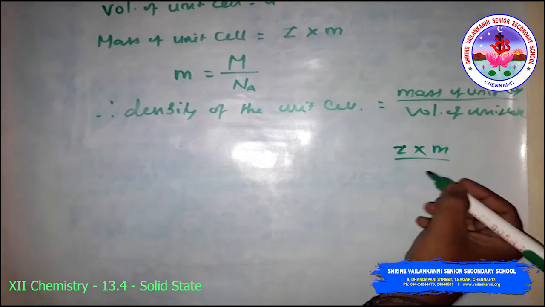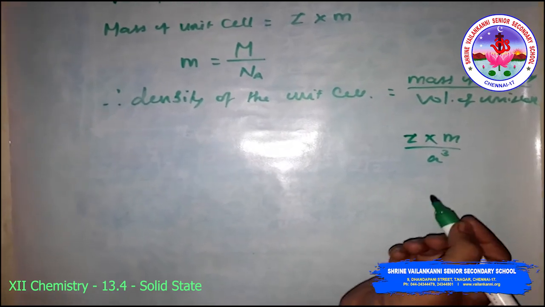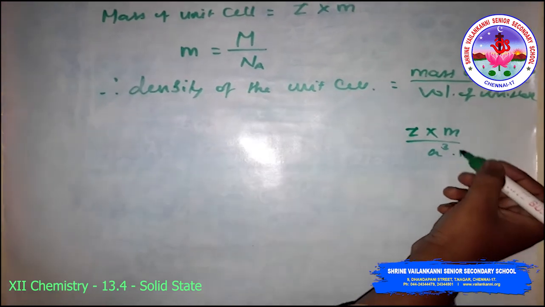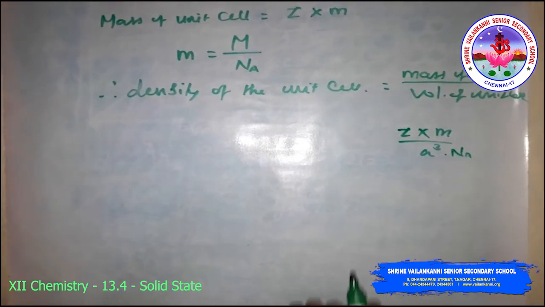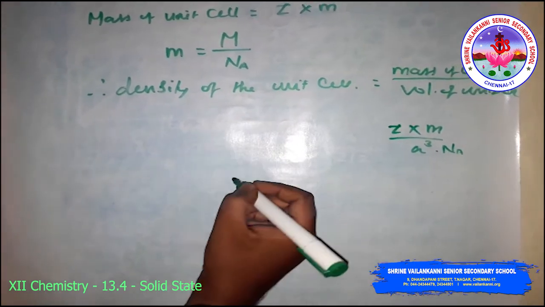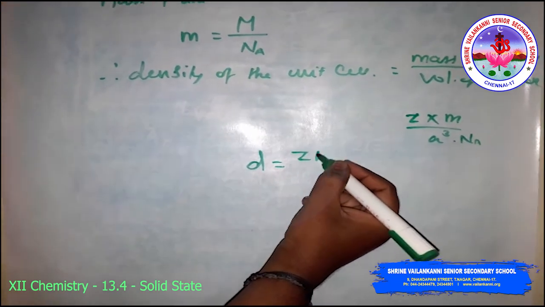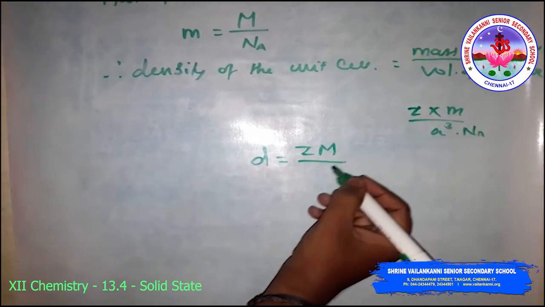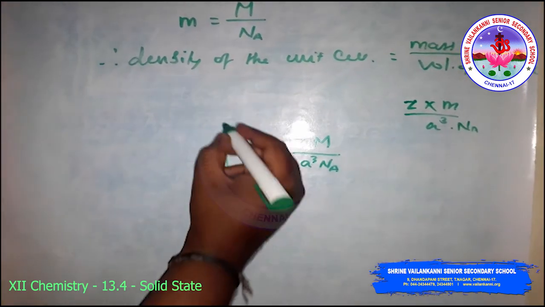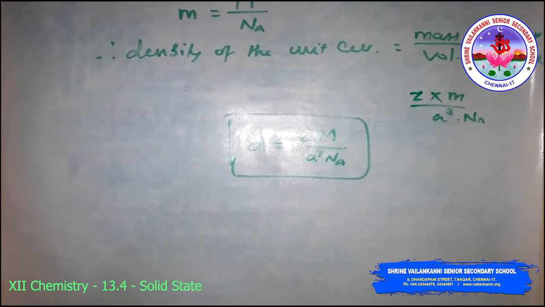Volume of unit cell, already we know that, a cube. So a cube into the Avogadro constant, Na or N0. So the formula is d, the density of the unit cell, is equal to Zm divided by a cube Na. So this is the density calculation formula.